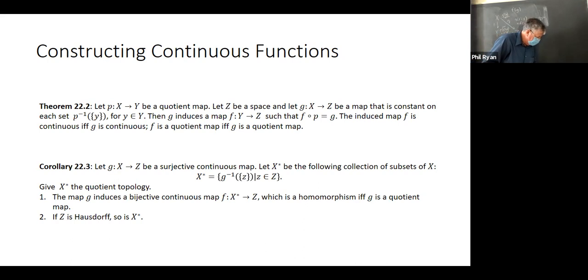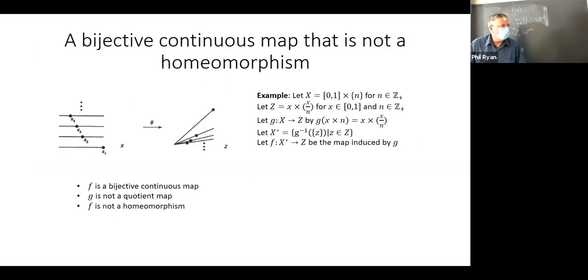And since Z is Hausdorff, we can put distinct neighborhoods around the pre-images of those points. And then we just push them forward, and that gives us distinct open neighborhoods in X star. So that has to be Hausdorff as well. So that's all good. Let's have a look at a couple of fun examples.